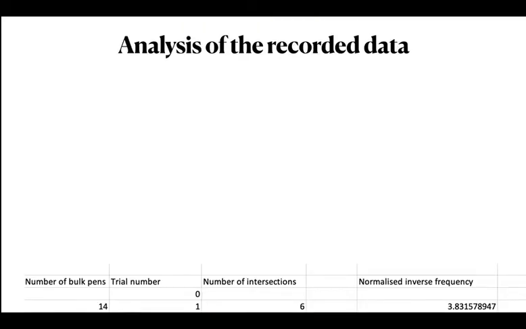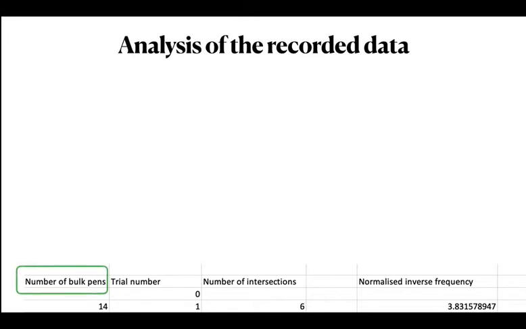So here at the bottom is a small portion of the data I've got, and I'm just going to go through some of these columns to tell you what they represent.